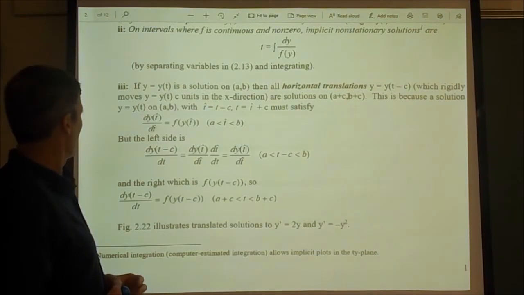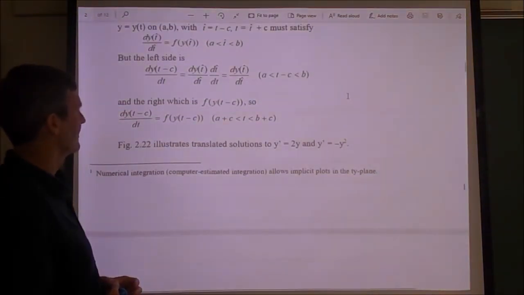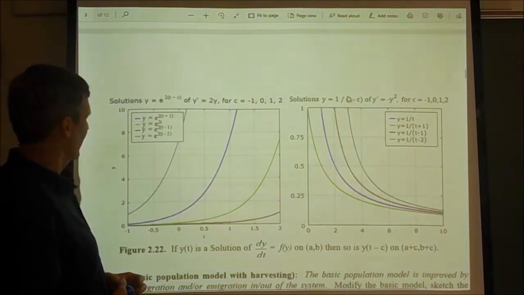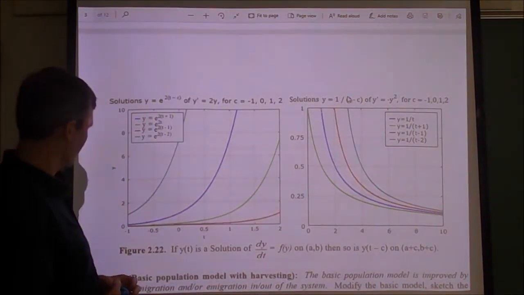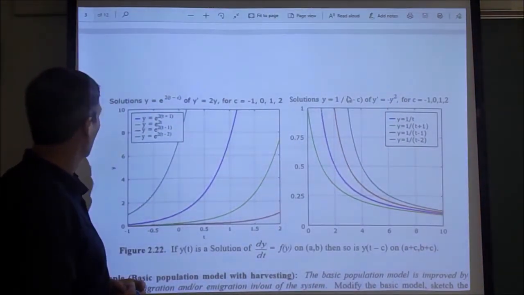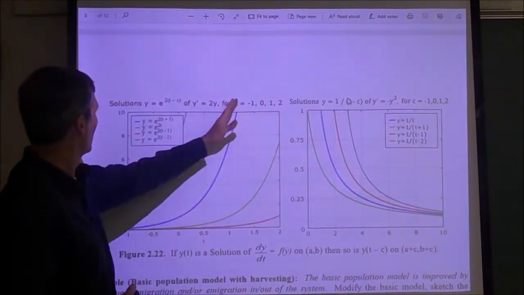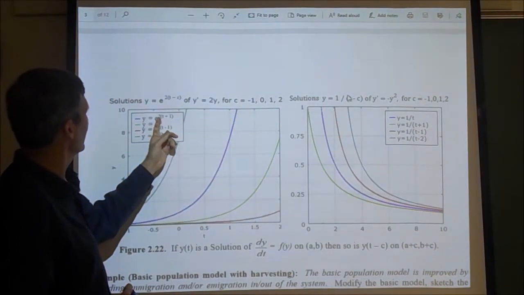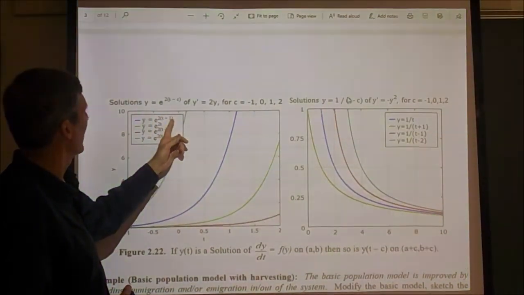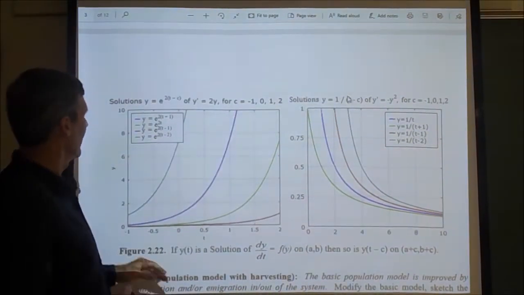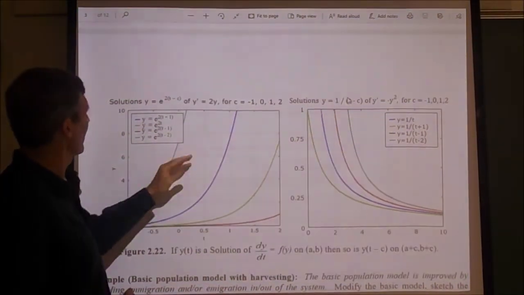I'll just point out here the properties before we actually draw the phase line. Here is a solution of y prime equals 2y: y equals e to the 2 times quantity t plus 1. This is the same curve.